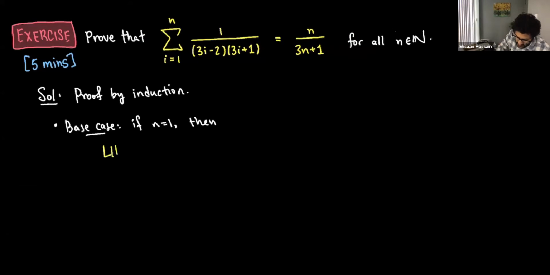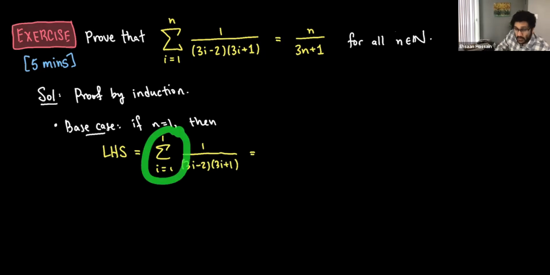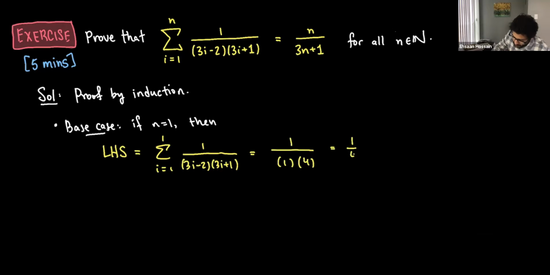So LHS, the left-hand side, is the sum from i equals 1 to 1 of 1 over (3i minus 2) times (3i plus 1). There's only one term in this sum, so let's just plug in i equals 1. I have 1 over 3 minus 2, which is 1, times 3 plus 1, which is 4. So I got 1 over 4.